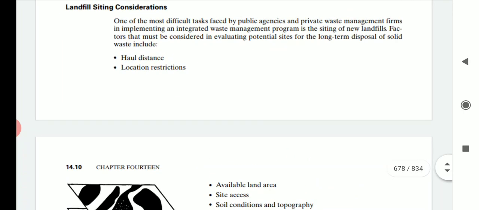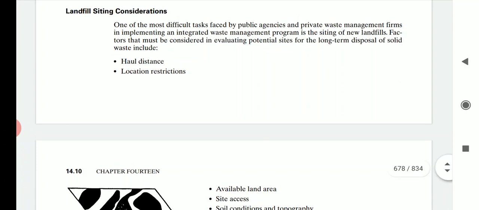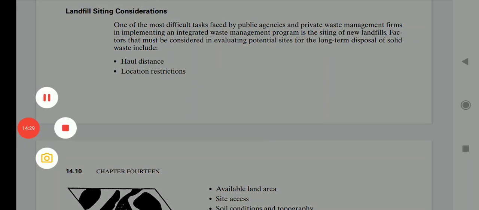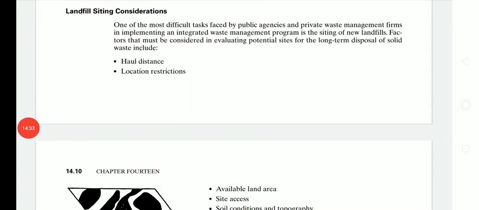What are the points to be considered when you are constructing the landfills? One of the most difficult tasks faced by public agencies and private waste management firms in implementing an integrated waste management program is the siting of new landfills.